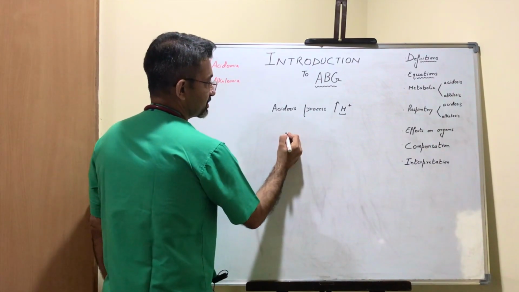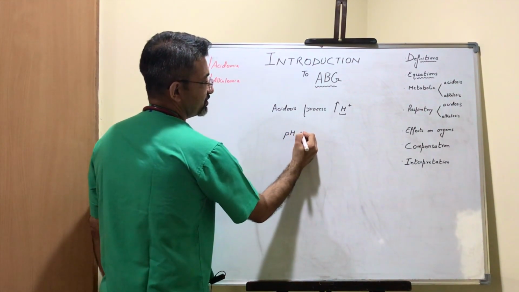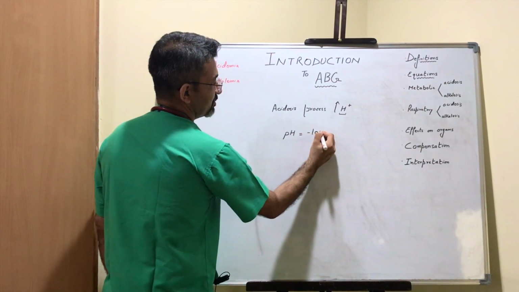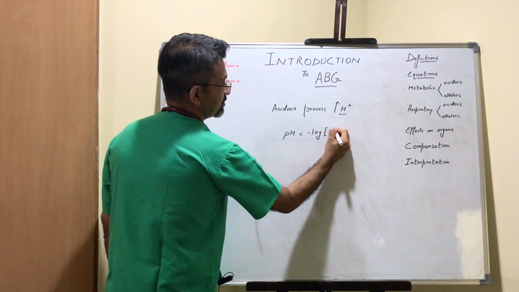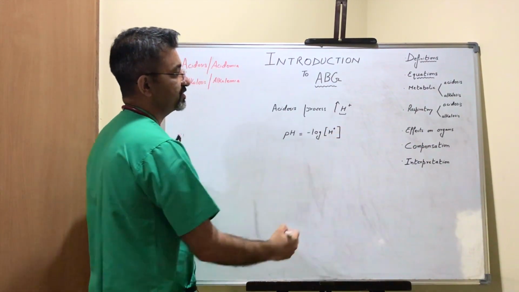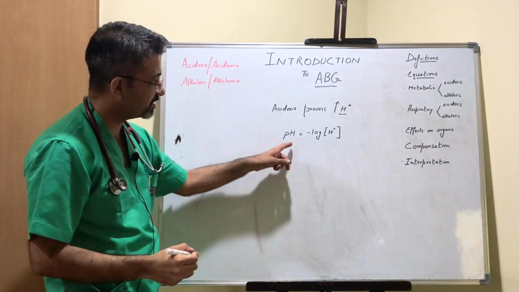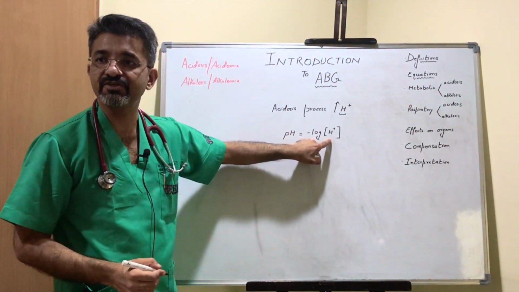There is an equation where there is a relation of pH with H ions. The equation is pH equals negative log of H ion concentration. This is the first equation we use when we are studying ABG. What does it mean? That pH is inversely related to H ion concentration.